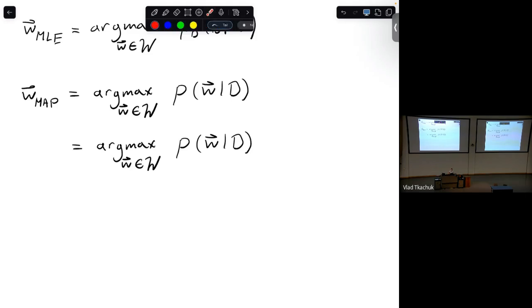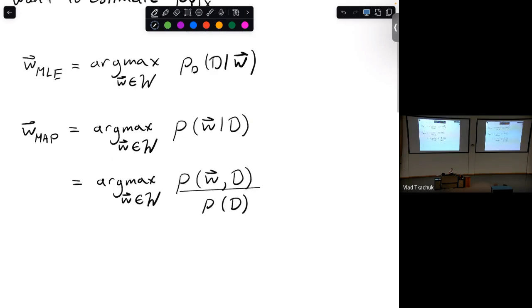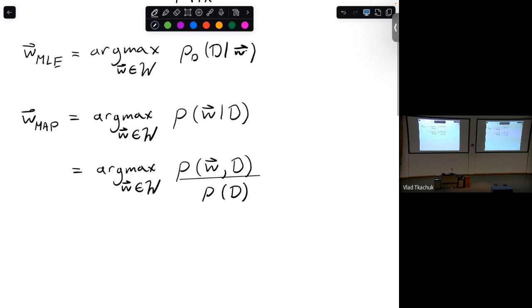You might remember a conditional PDF has the property that it's equal to the joint divided by the marginal. Here I'm abusing notation. This was the P, the conditional of W given D. This is the joint. This is the marginal.